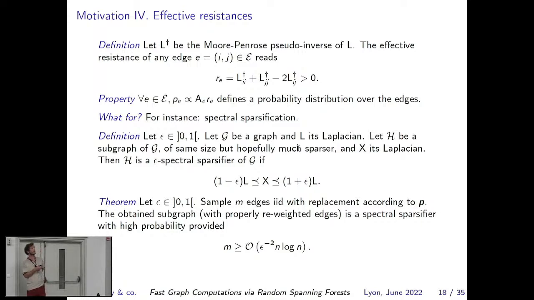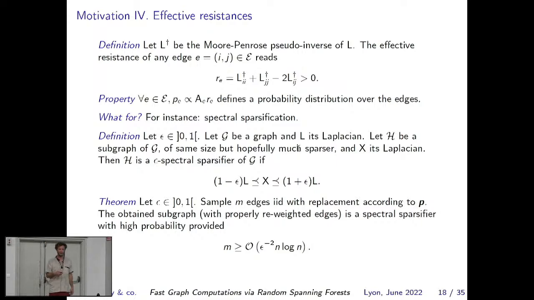So the theorem goes like this. You have an epsilon and you sample m edges IID with replacement according to P, this probability here, that is proportional to the effective resistance. And if you do that, you obtain a subgraph, of course. And if you properly reweight those edges, I'm not going to go into this, then this subgraph is a spectral sparsifier with high probability if m, the number of edges you've sampled, is larger than n log n, where n is the number of nodes.